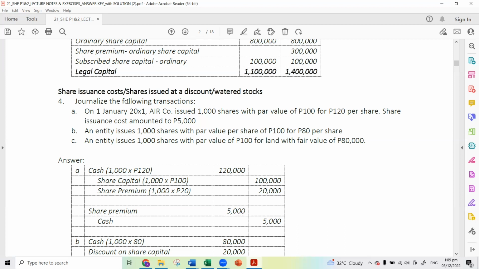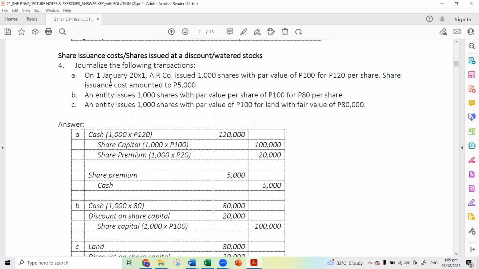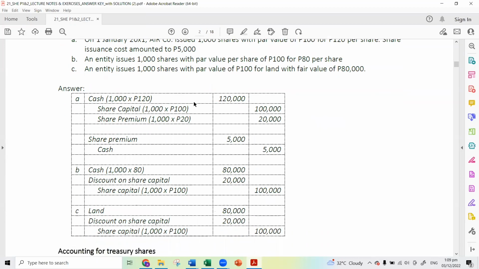Eh, sir, paano if the share premium is insufficient? The excess is charged to your retained earnings. Di ba, ganun naman. Pag insufficient na ang share premium, that's the time that the excess should be charged to your, yes, retained earnings. So these are your given illustration for those concepts. Okay?